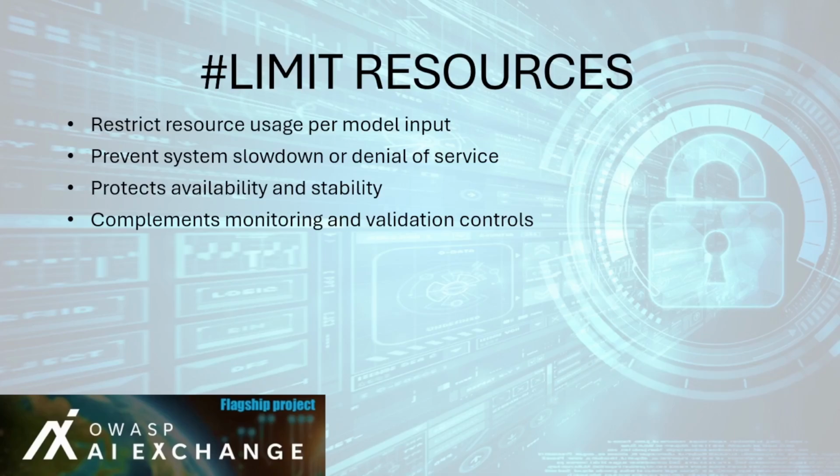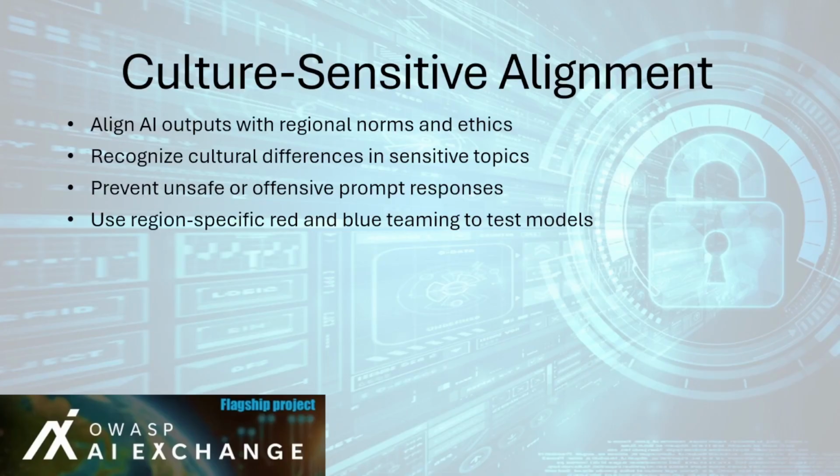Best practices are to set strict CPU, memory, and time quotas per model request, combined with input validation and monitoring to detect abuse. Resource limitation is key to ensuring consistent AI performance and protecting against both accidental and intentional overload.